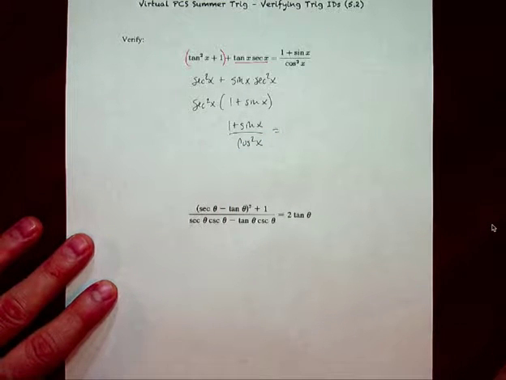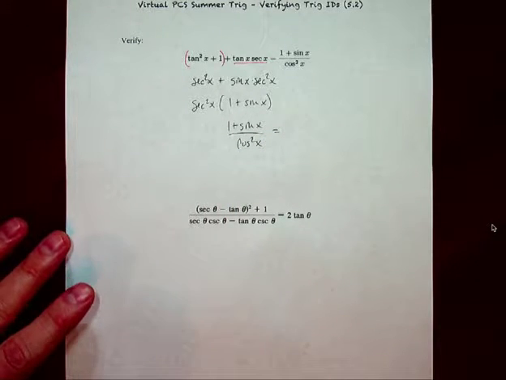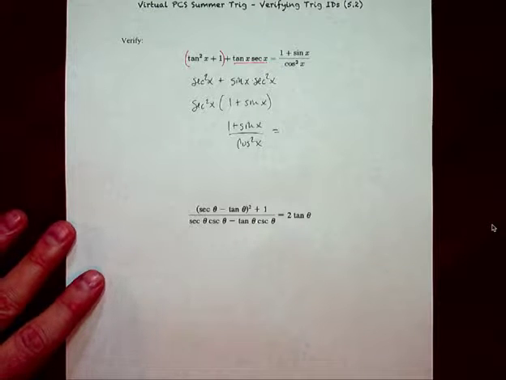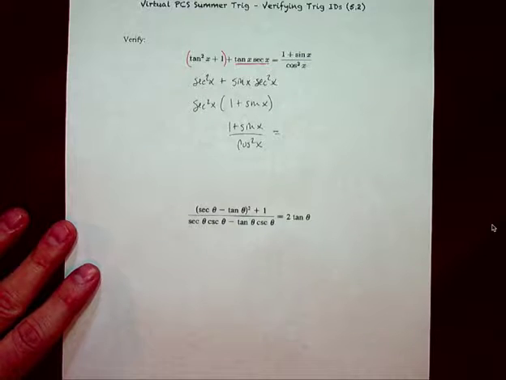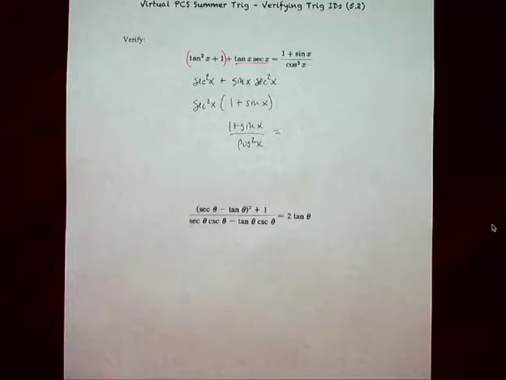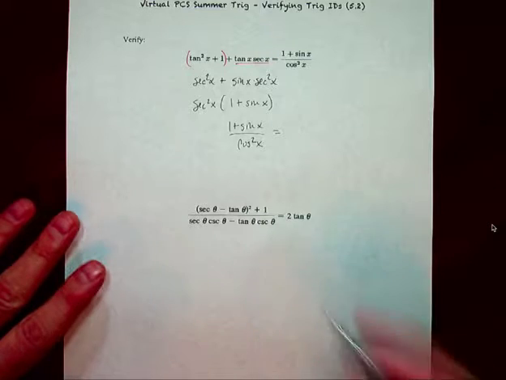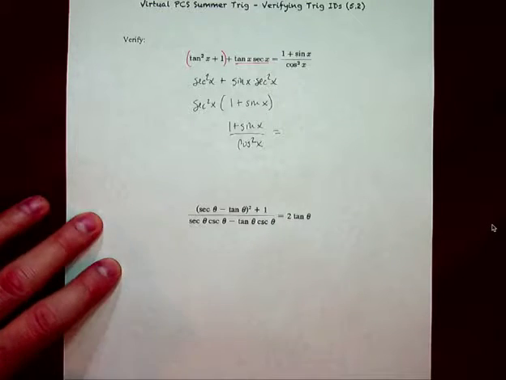Now, let's say that you wanted to start with the right-hand side. It would be a little bit more difficult, but not terribly so. You would basically just separate the fraction, right? And if you separated that fraction, I'll give you the first step. I won't actually work it all the way.